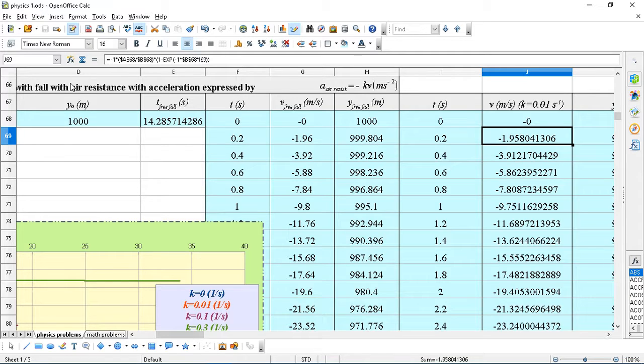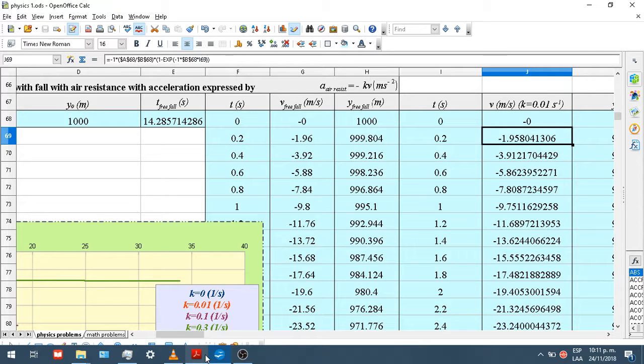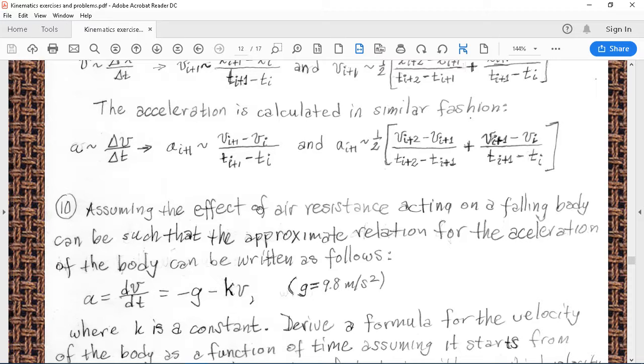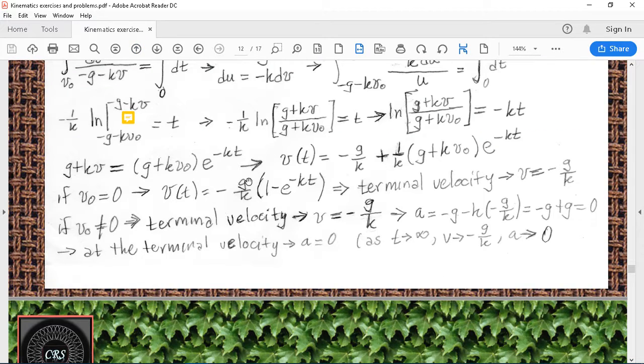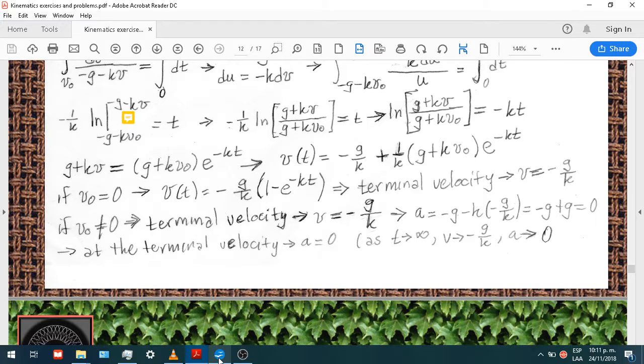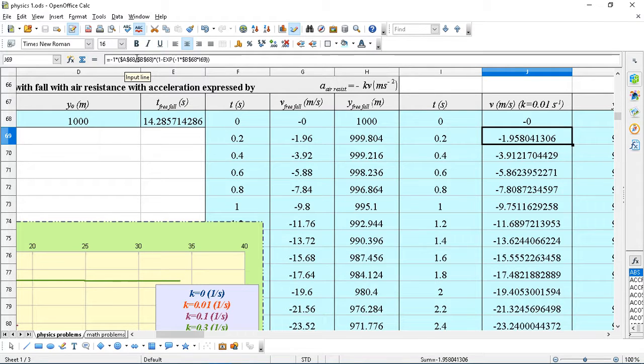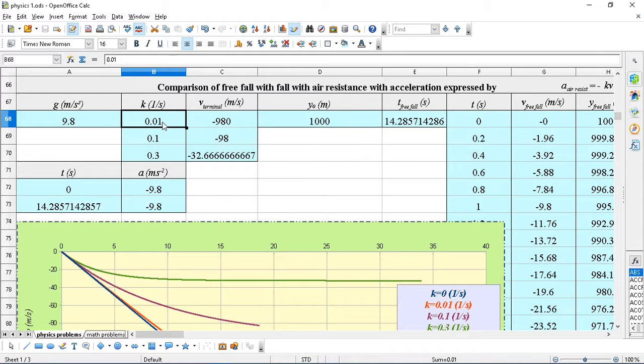So here we have the formula for the velocity, for which we use this expression here, minus g over k times 1 minus exponential of minus kt, which is what you see here: minus g, and B68 is the value of k, which corresponds to 0.01.